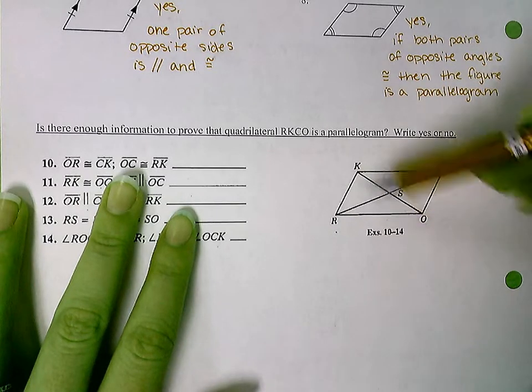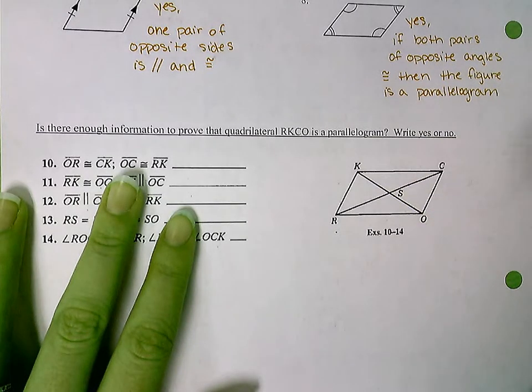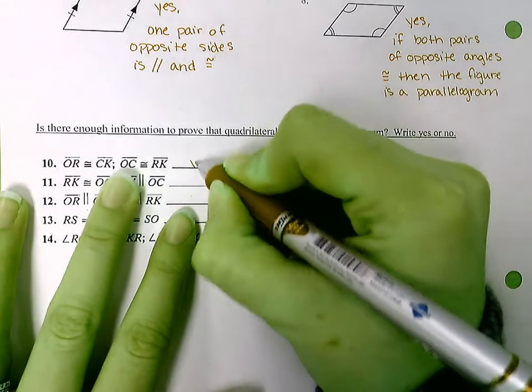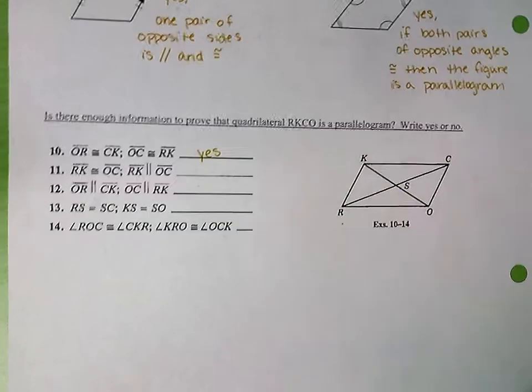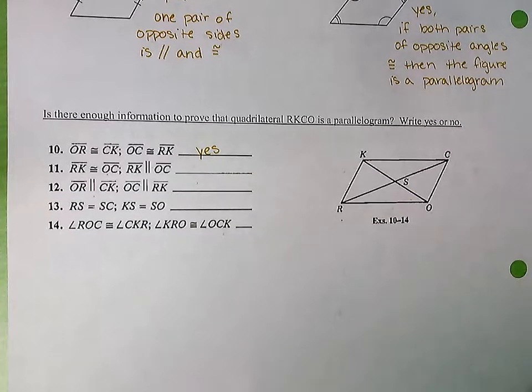Okay, so now I have both pairs of opposite sides congruent. So yes, this does make a parallelogram. Okay, do you kind of see what I'm doing there? Okay, I want you guys to try 11 to 14. Look at what you're given and then state if it's a parallelogram with yes or no.